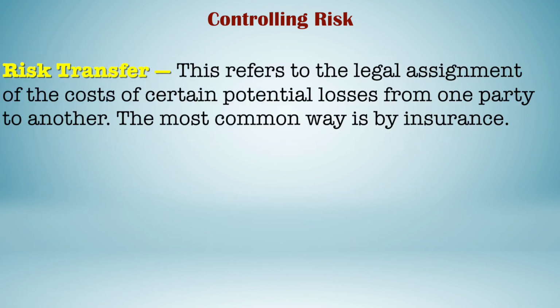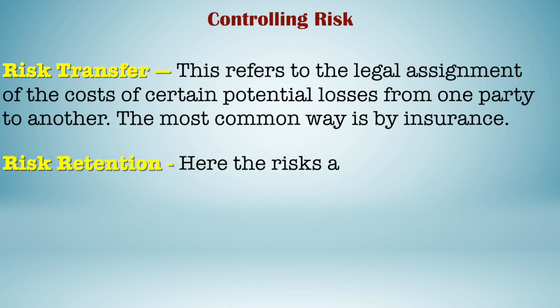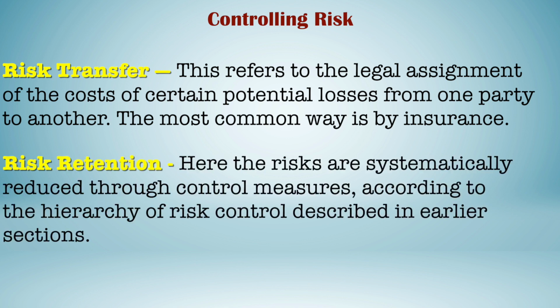This refers to the legal assignment of the cost of certain potential losses from one party to another. The most common way is by insurance. Next point is risk reduction. Here the risks are systematically reduced through control measures according to the hierarchy of risk control described in earlier sections.